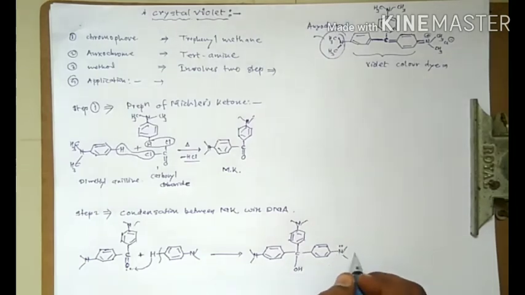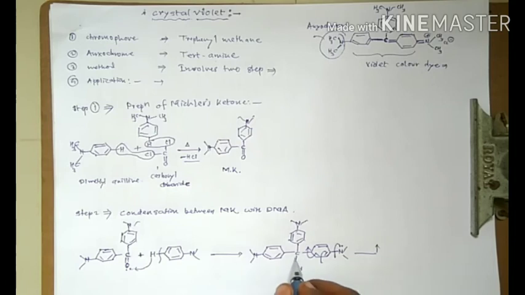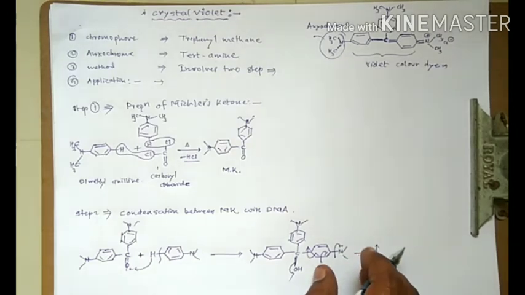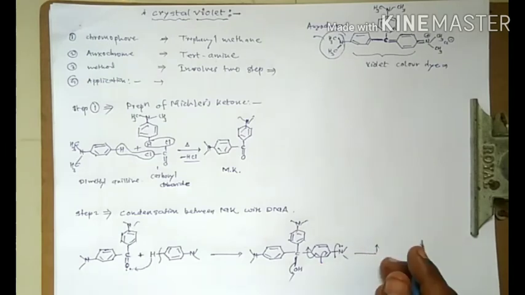So now the lone pair of this nitrogen plays its role, and it undergoes conjugation, and you can have a double bond between this nitrogen and carbon. This simple conjugation and elimination of OH from here, isn't it? So you can have here a quinonoid ring, isn't it? So you do keep in mind this.